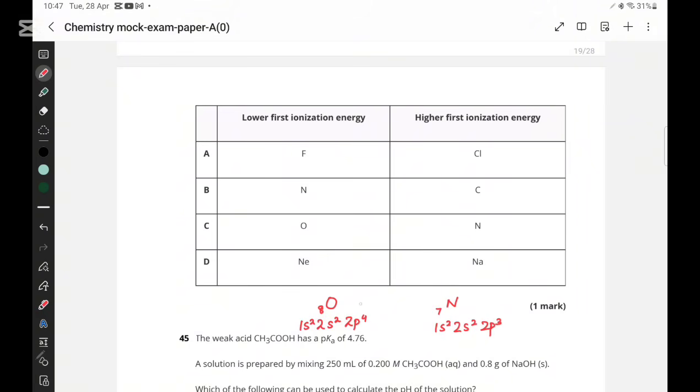If we see 2p4, it is going to be like this, 2px, 2py, 2pz, with electrons like this, and for nitrogen we have electrons like this. Because of the repulsion between electrons in 2px, oxygen has lower ionization energy as compared to nitrogen.